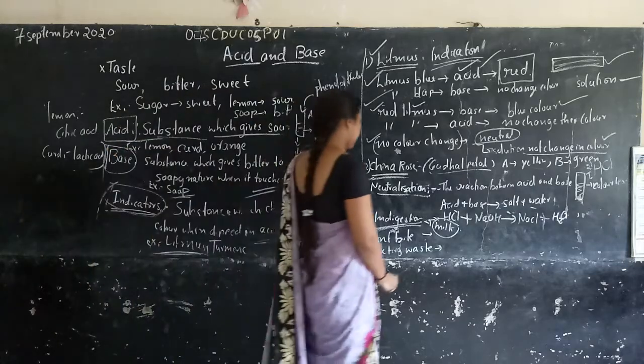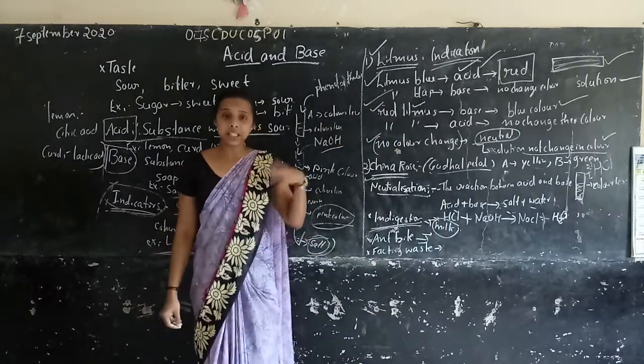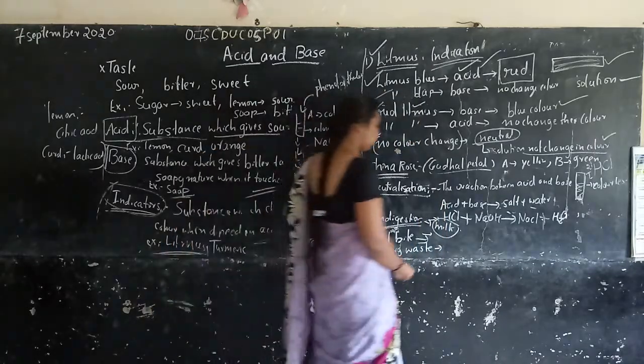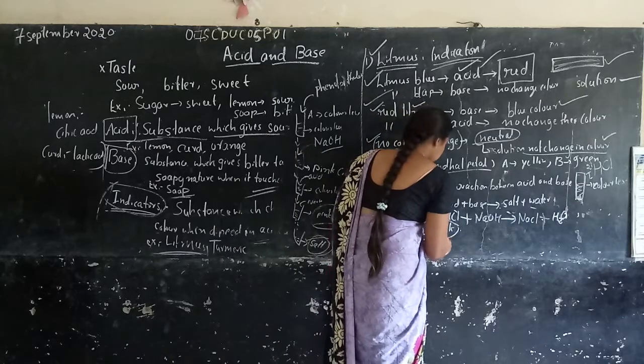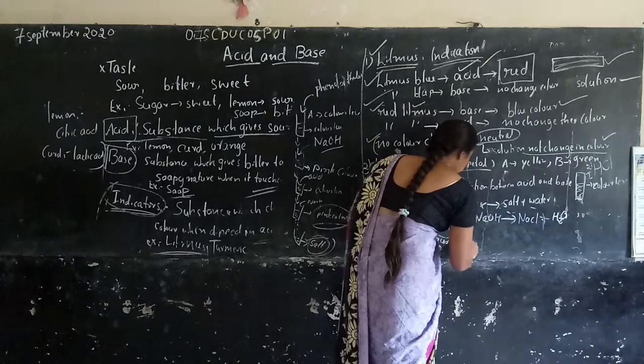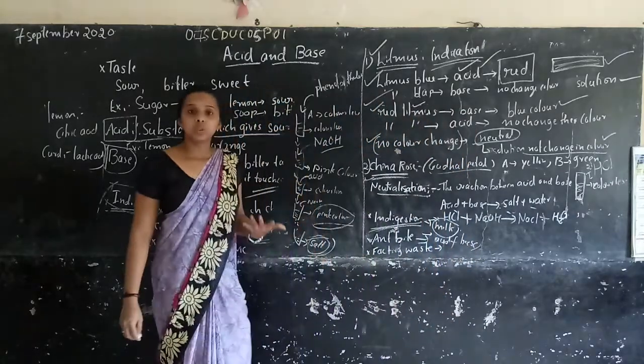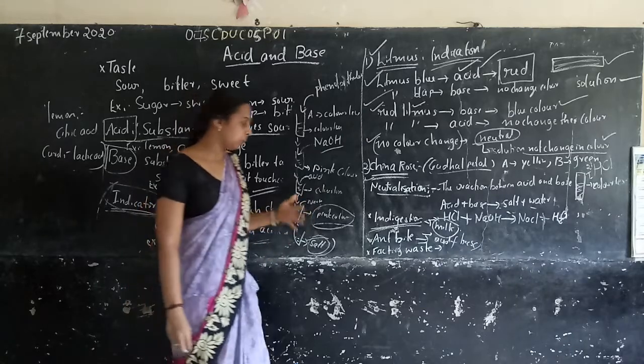Similarly, ant bite. When an ant bites, it produces some acid. So we recover by using some base or some liquid or solution to relieve that pain.